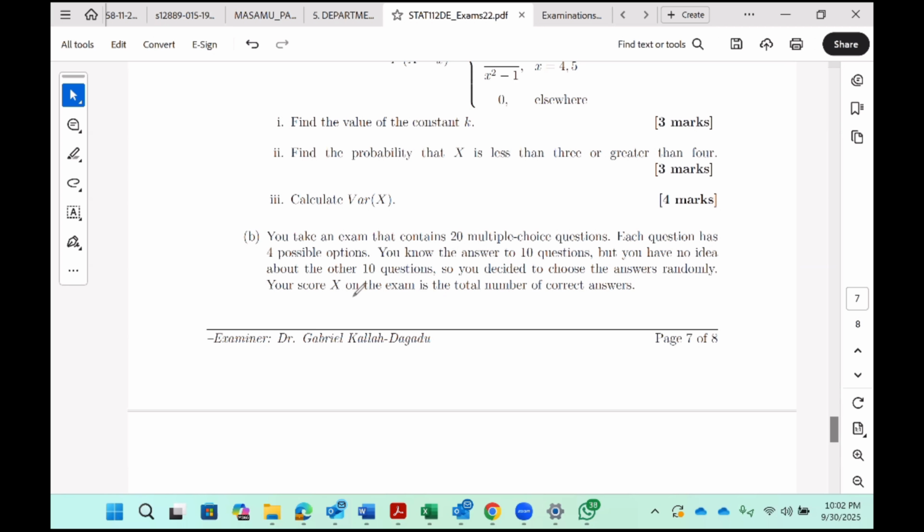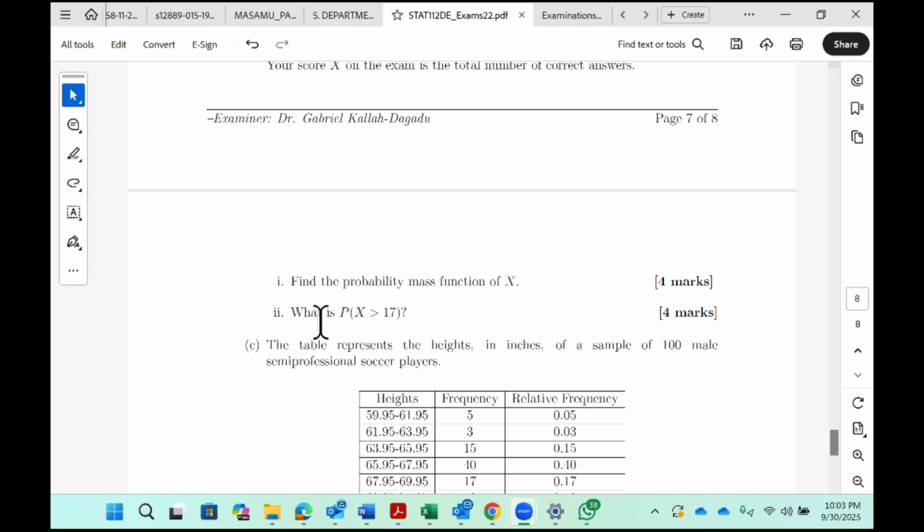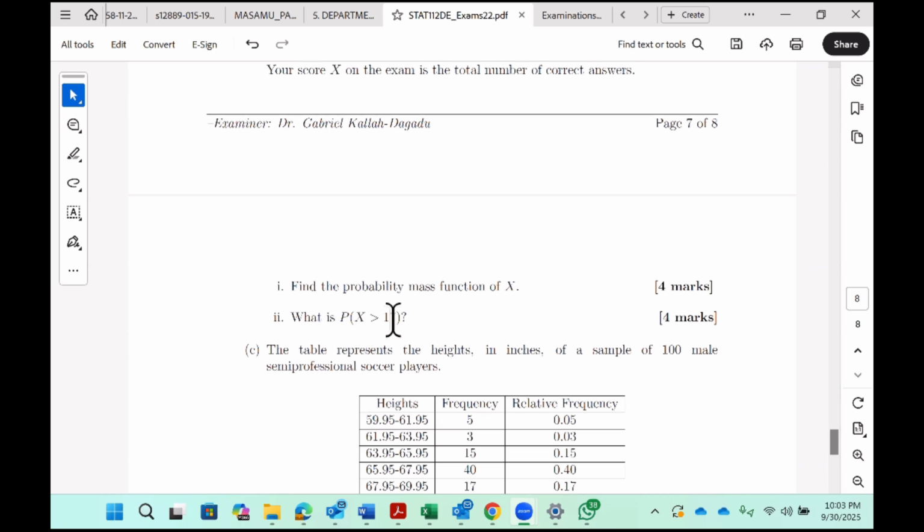Your score X on the exam is the total number of correct answers. Find the probability mass function of X, and what is the probability that X is greater than 17?